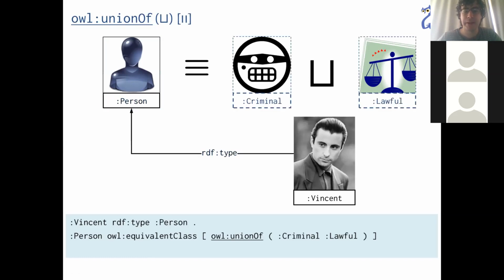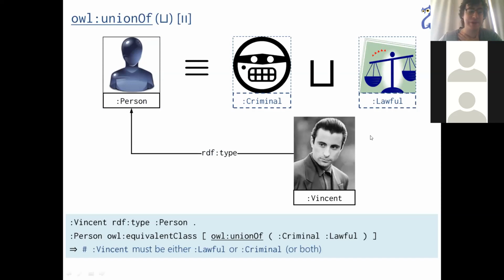Okay. What about if we do it the other way? We see we have this equivalence here, which allows us to do inference in both directions. So if we say Vincent is a type person, what can we infer? We can infer that Vincent is a criminal or is lawful, but we don't have a great way to write that down. We can't add this relation directly because it's one or the other, but we don't know which.